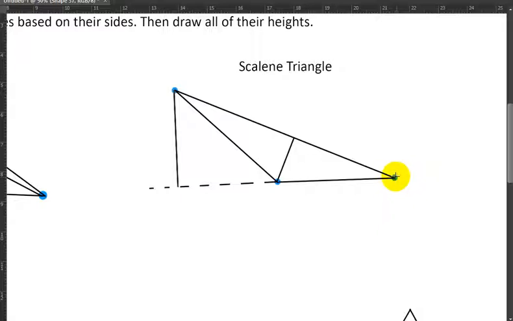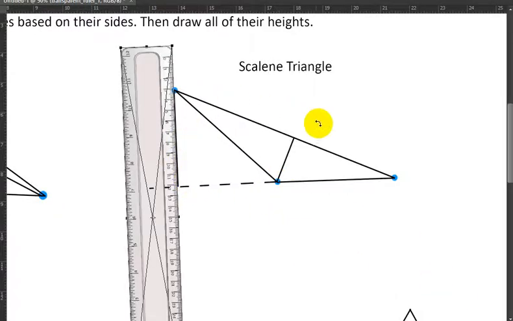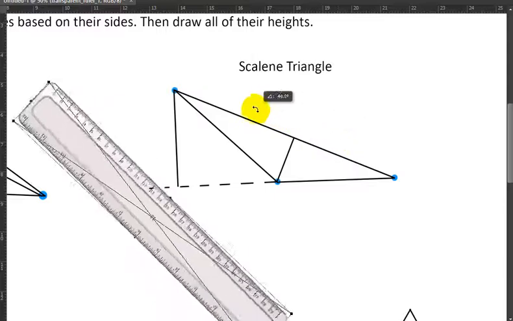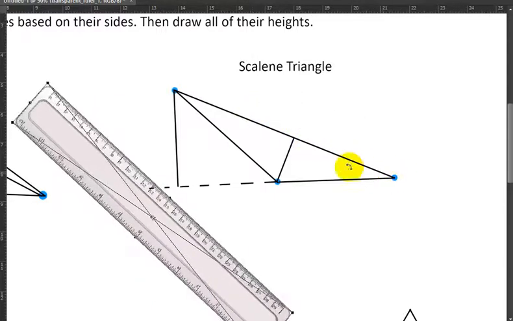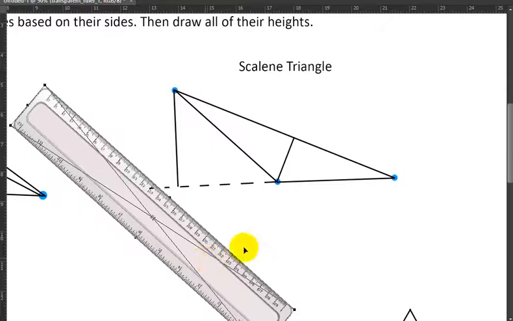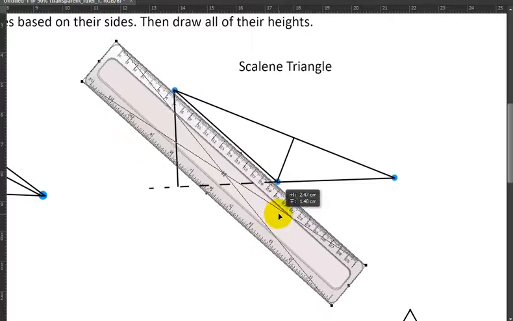Then we need to find the height from this point. And again, from this point, we need to bring a perpendicular line to this side, because this is the side that isn't touching it. So again, we're going to need to project. You may have already noticed that I cannot bring a perpendicular line from this point to this side because it's too far.